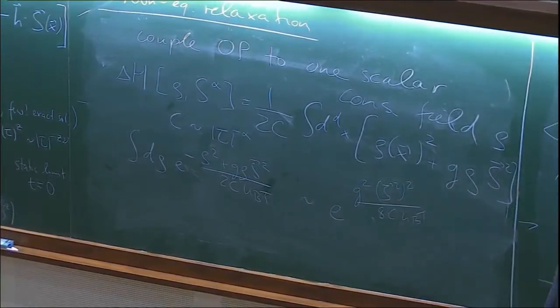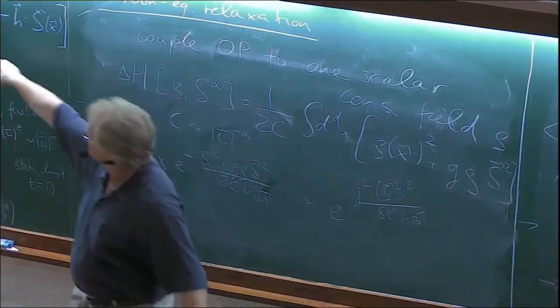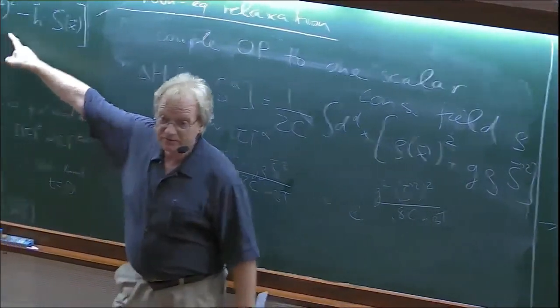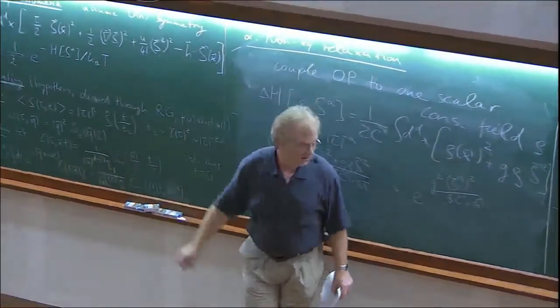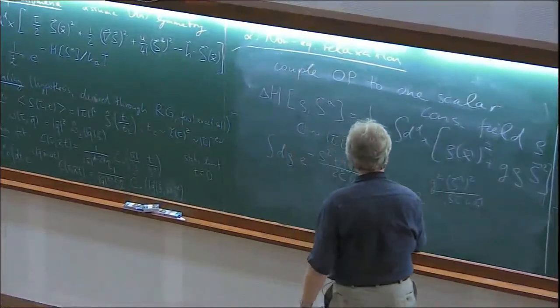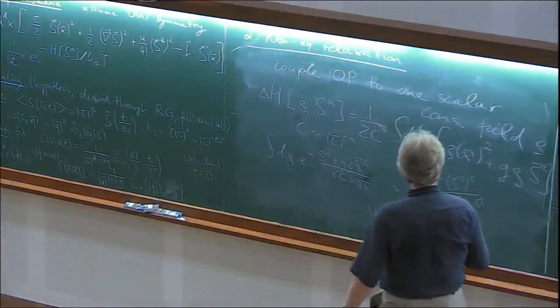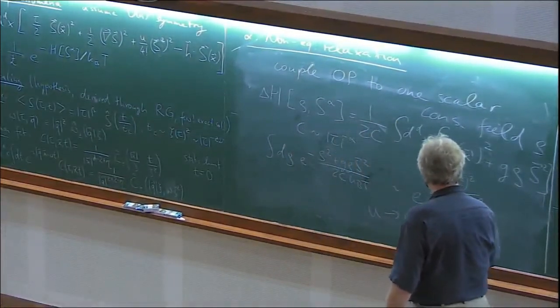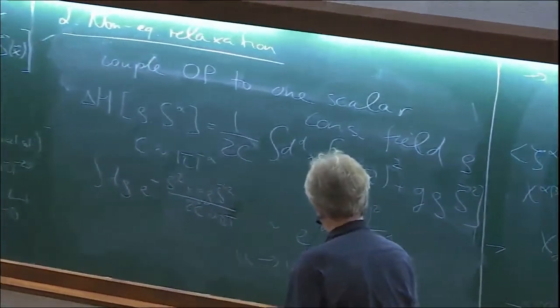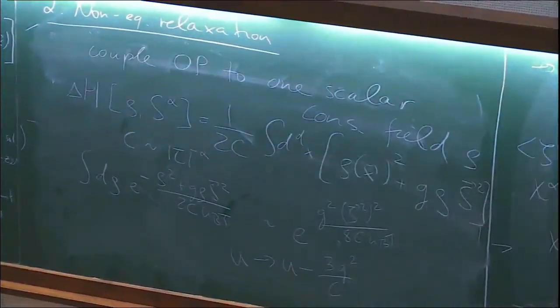So I can put that back into my Hamiltonian. If I put this back into the Hamiltonian, it's just going to modify this fourth order coupling. And if you collect the terms, it's going to modify u to u minus 3g squared over c. So that's all this is doing statically.